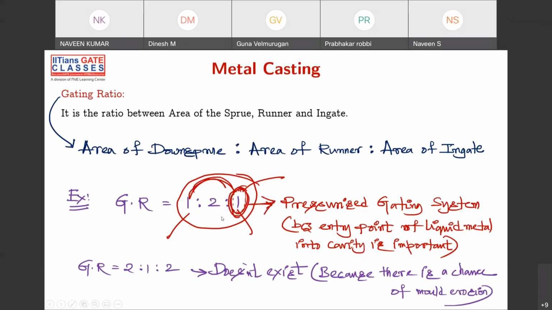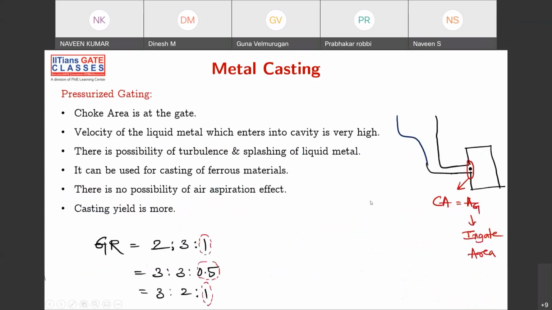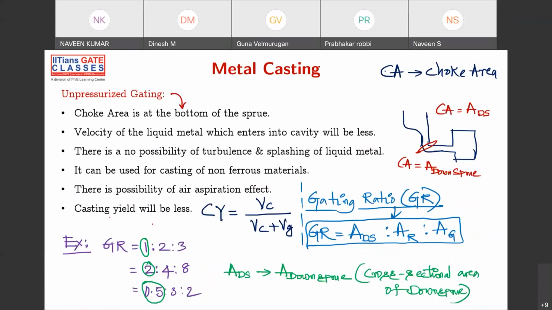Why is there a difference in casting yield? Okay, so fine, I'll tell you here. If it is unpressurized, obviously the pressure will be low. It means that the liquid will be falling with a little less velocity. Sorry, it's not about velocity. If you are having the air aspiration effect, yeah.